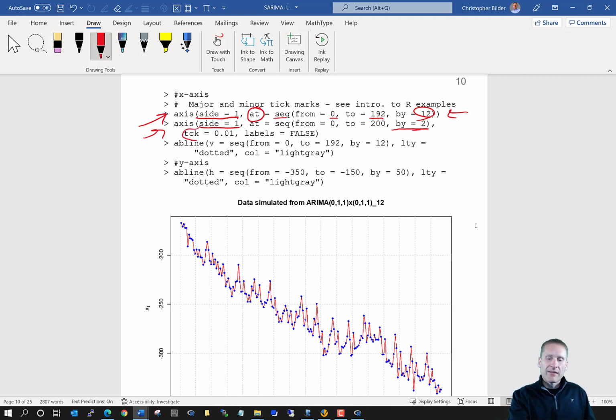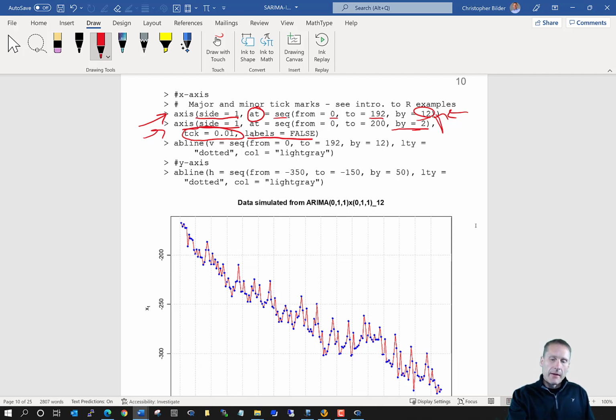Here's my size of the actual little line that's going to be drawn for the corresponding tick marks. And labels equal false means don't draw the numerical values corresponding to where I'm drawing these tick marks. So by me not putting labels equal false there, the default was labels equal true. And so then R automatically will draw the numerical values.